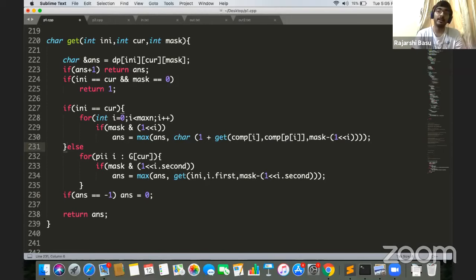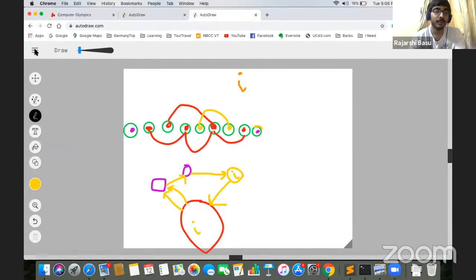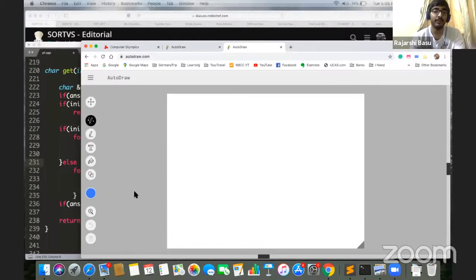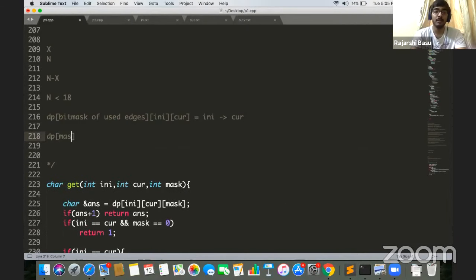Just to reiterate on this bitmask DP, if it helps. If you have any sort of bitmask DP, you have some dp[mask] and some additional state, say a vertex.